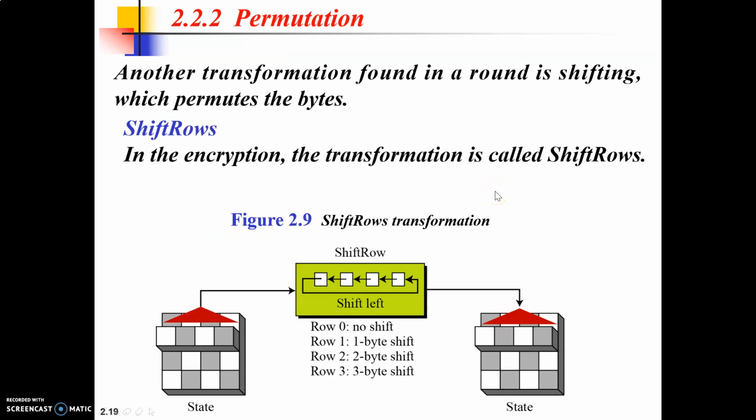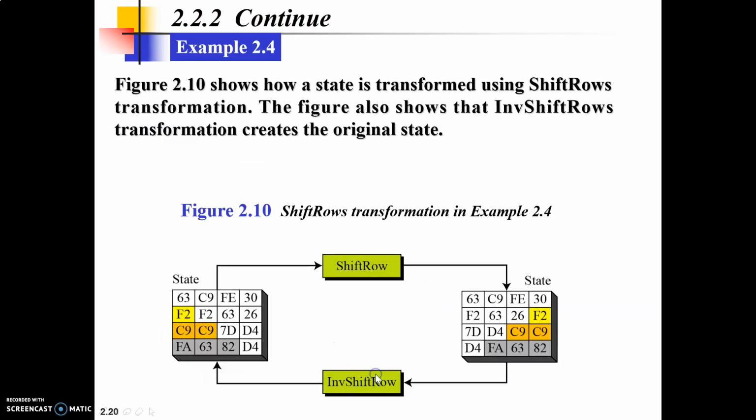After performing the SubBytes operation, the next operation is called ShiftRows. In ShiftRows, the first row is not going to be shifted. The second row is going to be shifted once. The third row is going to be shifted by 2 bytes, and the last row is going to be shifted by 3 bytes. As an example, suppose this is the state given to you: 63 C9 FE 30 is the first row.